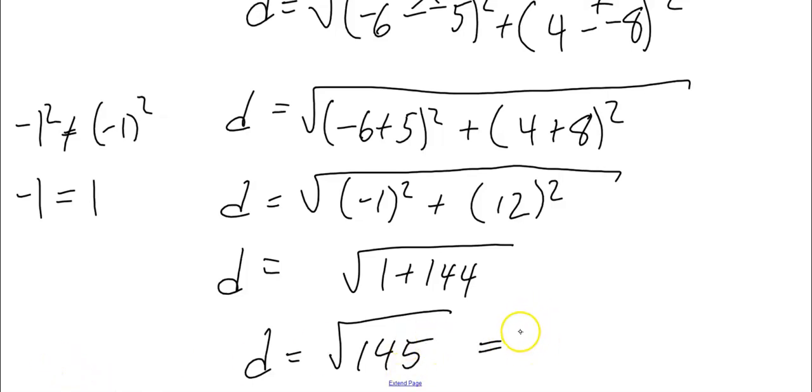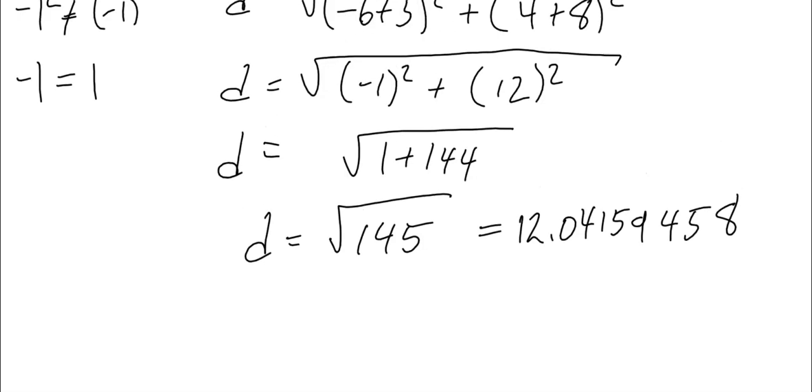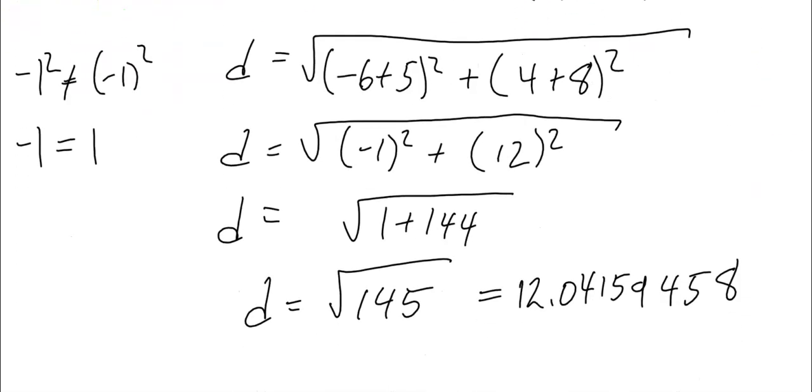In my calculator, the square root of 145 is 12.04159458, but my answer doesn't want me to give all of those. My answer wants to be rounded to the nearest tenth, if necessary.